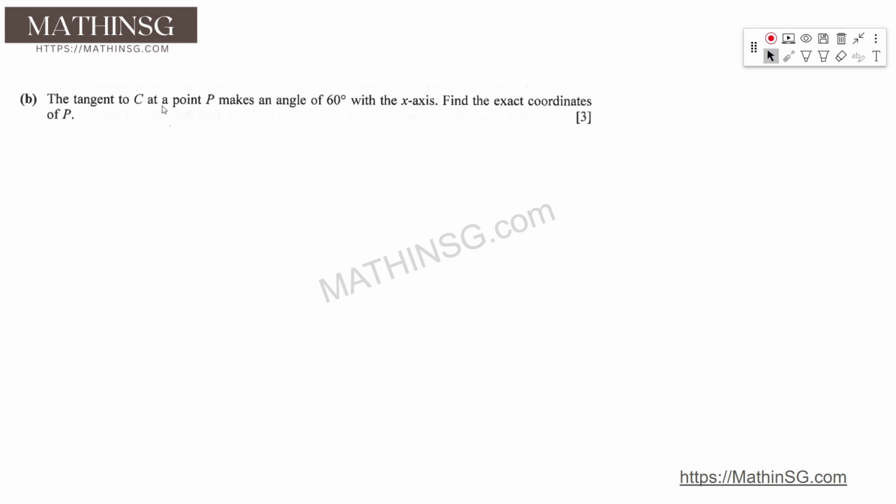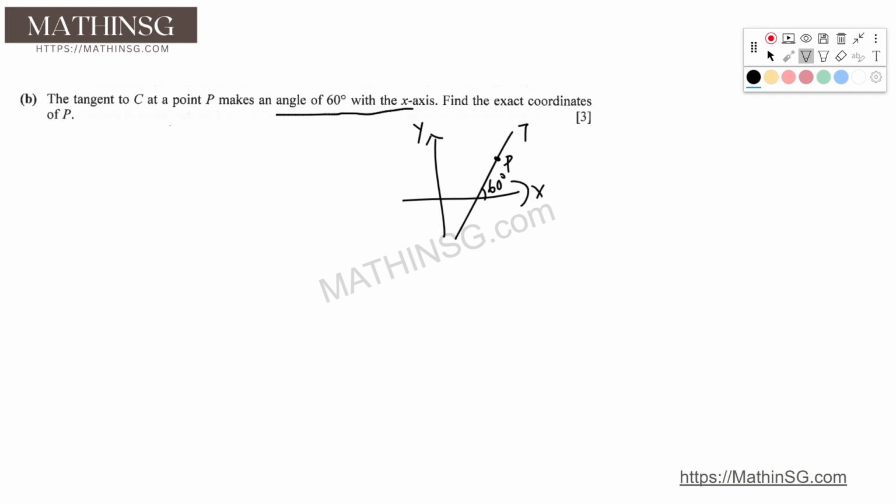Next, the tangent to C at point P makes an angle of 60 degrees with the x-axis. Find the exact coordinates of P. So I know that there is this tangent, and maybe this is the point P. It makes an angle of 60 degrees with the x-axis.